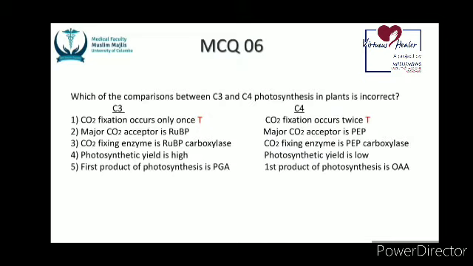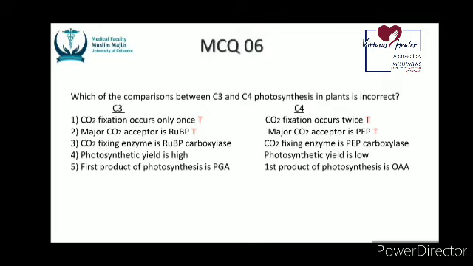Now the second statement says that in C3 pathway, major carbon dioxide acceptor is RUBP. This is true. And in C4 pathway, the major carbon dioxide acceptor is phosphoenol pyruvate. This is also true. Third statement, in C3 pathway, carbon dioxide fixing enzyme is RUBP carboxylase. In C4 pathway, carbon dioxide fixing enzyme is PEP carboxylase.